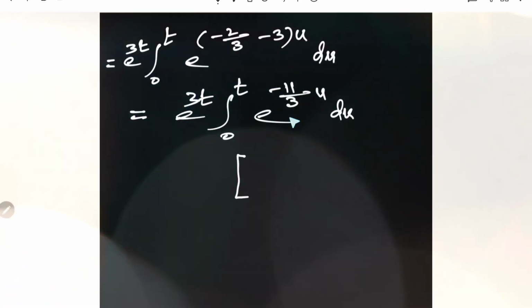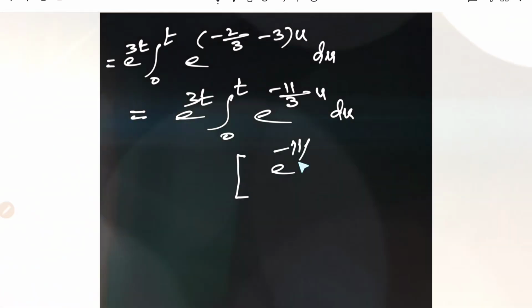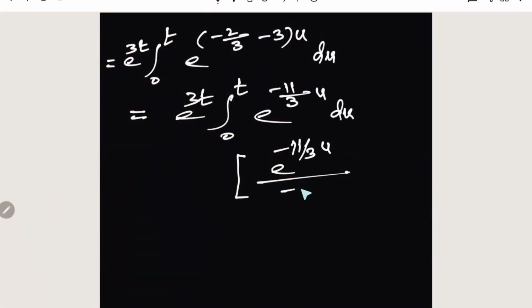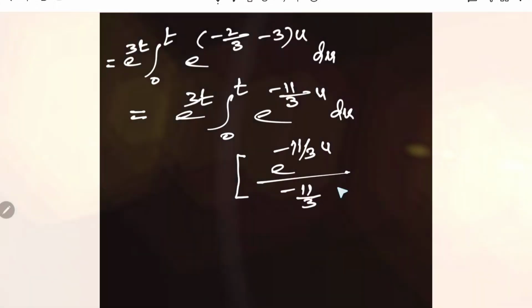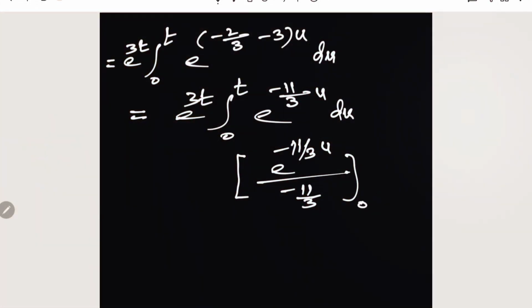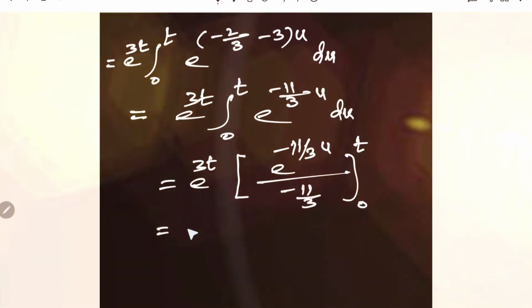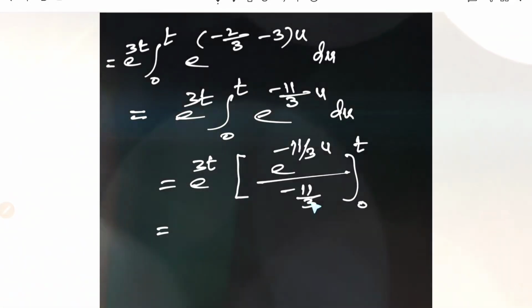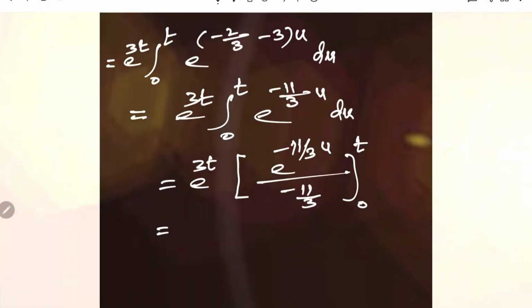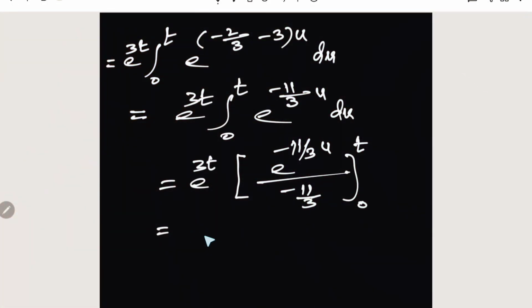Integrating this term with respect to u, its integration is e raised to minus 11 by 3 times u divided by minus 11 by 3, limit from 0 to t, outer term as it is, e raised to 3t. We take minus 11 by 3 outside the bracket.